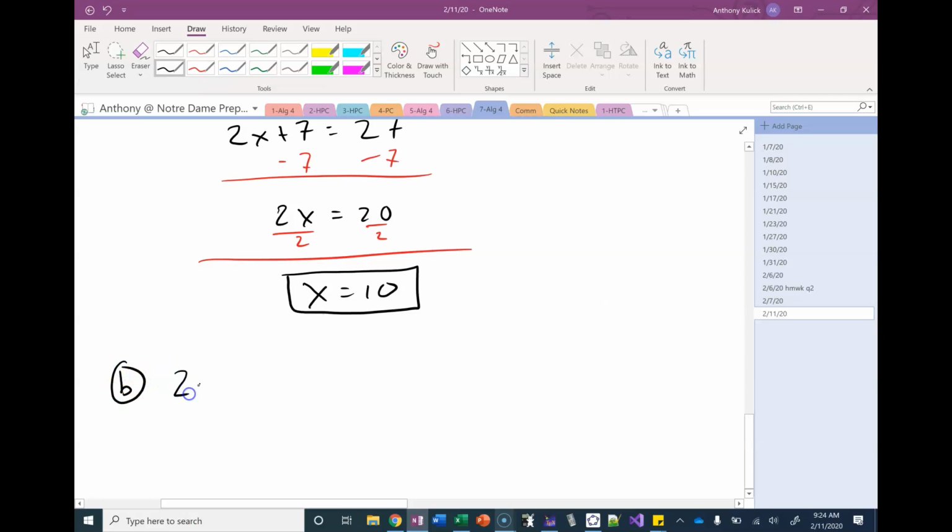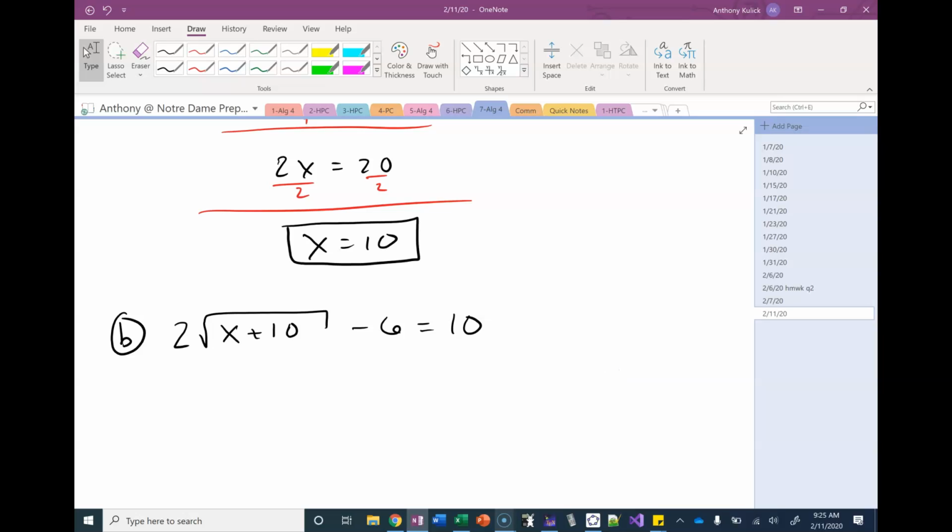Let's do another. Let's say we have 2 times the square root of x plus 10 minus 6 equals 10. What's the first thing I'd want to do to solve this equation?